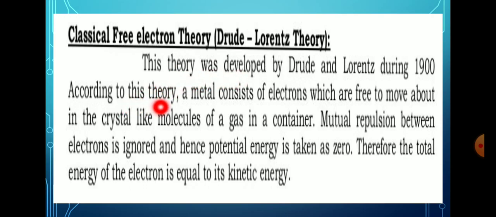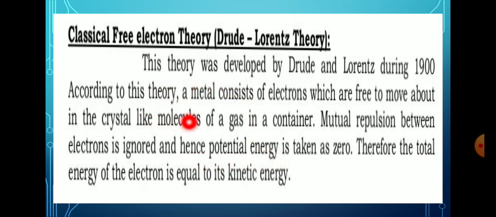According to this theory, the metal consists of electrons free to move about in the crystal, like molecules of a gas in a container. The mutual repulsion between the electrons is ignored, and hence potential energy is taken as zero. Therefore, the total energy of the electrons is equal to kinetic energy.